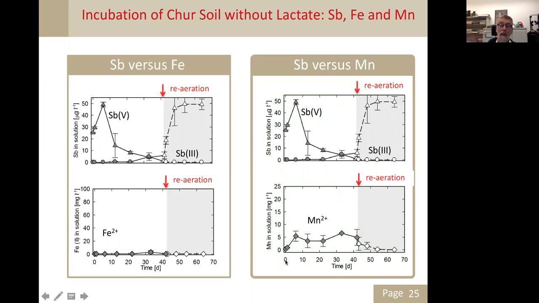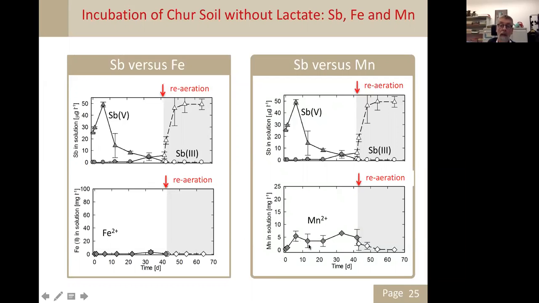And you see that the free manganese concentration in the solution increased much earlier than the iron, which you would expect, because manganese is reduced at much higher redox potentials already.